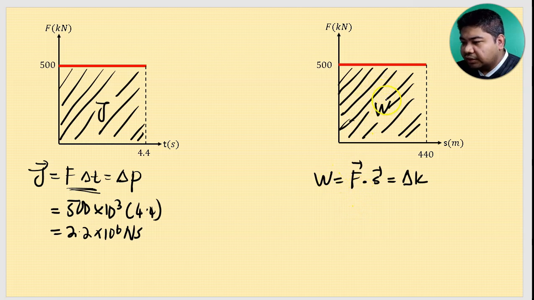By calculating the area under the graph F against s, if you look at the equation here, F times s will give you the area here. So the area gives you the work done by the force.